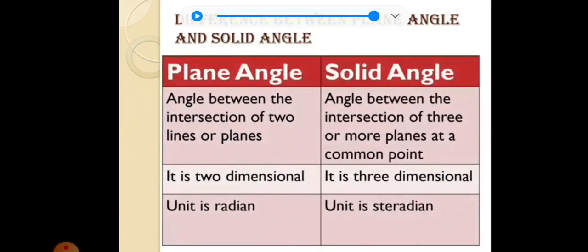Yes. So we discussed plane angle and solid angle. We are going to see what is the difference between a plane angle and a solid angle. The first one is plane angle. It is the angle between the intersection of two lines or planes, whereas solid angle is the angle between 3 or more planes at a common point.